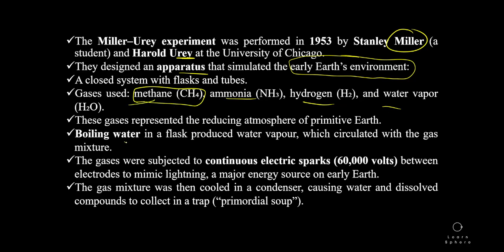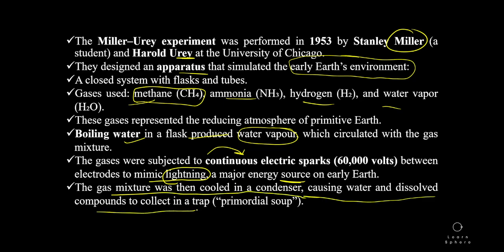Also, boiling water in the flask produced water vapors. Then these gases were subjected to continuous sparks between electrodes to mimic lightning, which was the major energy source at that time, and the gaseous mixture was then cooled in a condenser, causing water and dissolved compounds to collect in a trap called the primordial soup.